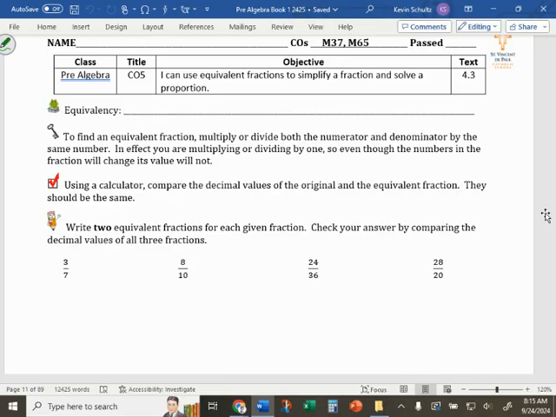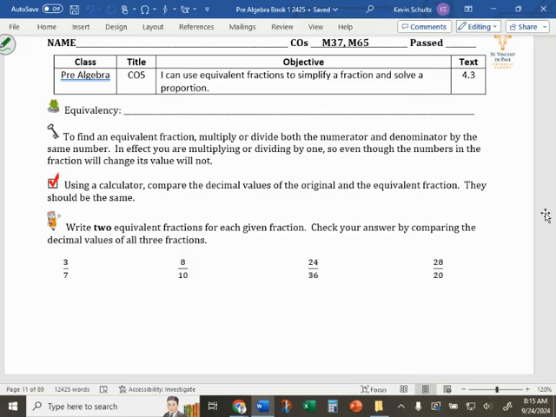So first of all, let's define equivalency. What is equivalency? What does the word mean? It's like the same. The same what? Like the same amount. Not a bad word. What I'm looking for starts with a V and ends in LU.